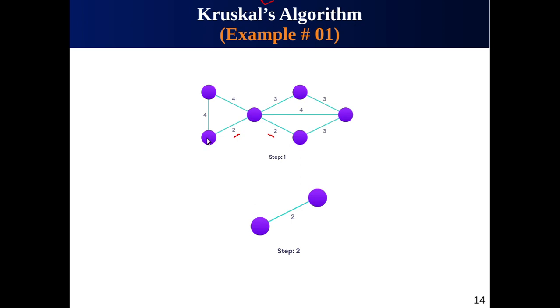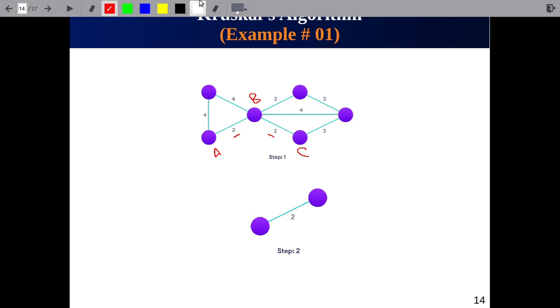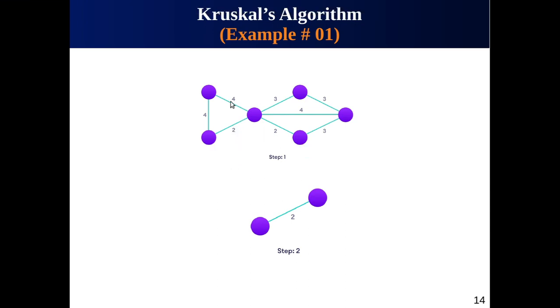Sorry, the nodes are not labeled, so it will be a bit difficult to name them properly. But let us say this is node A, this is node B, and this is node C. So you can either select A to B or you can select B to C, because the weight of these two edges is the same. You can select either one. We are going to select this edge.